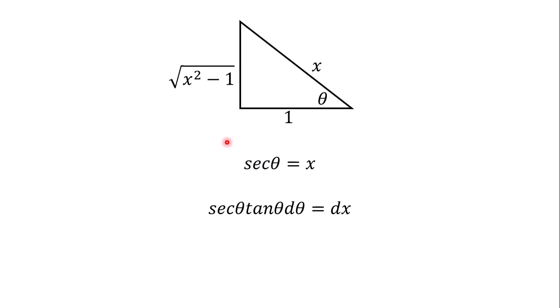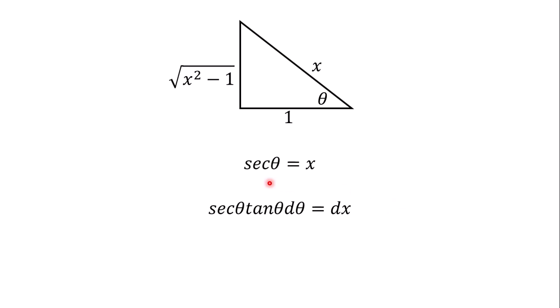Tan theta. So if you want to go fast, you can apply one of the ratios to replace the whole of that square root of x squared minus 1. So tan theta will be equal to square root of x squared minus 1. But here I didn't include that side.